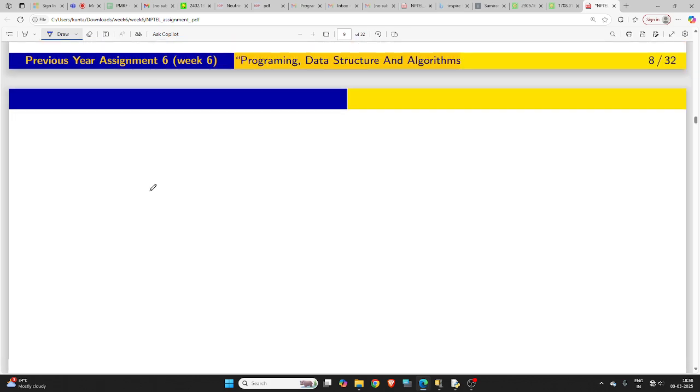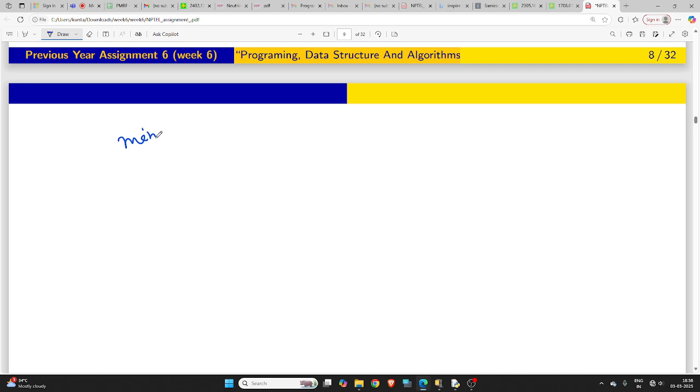Okay, so now what is min heap? Just in simple language, min heap is exactly opposite to max heap. So here the root value will be minimum. Let's say it is 20, but for this min heap, these values will be greater than 20, like 21 and 80.